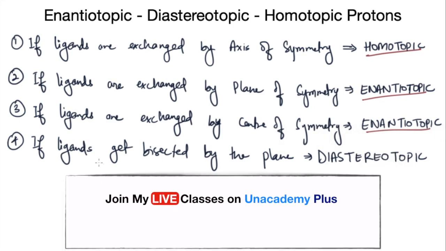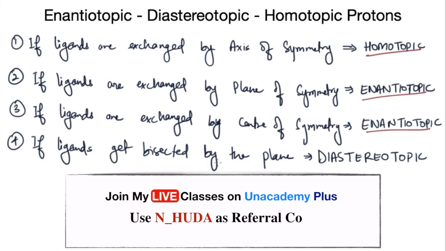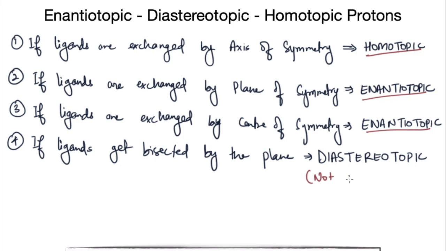Whereas if the two ligands you are studying get bisected by a plane, then they are called diastereotopic. Although this particular condition is not a necessary condition.